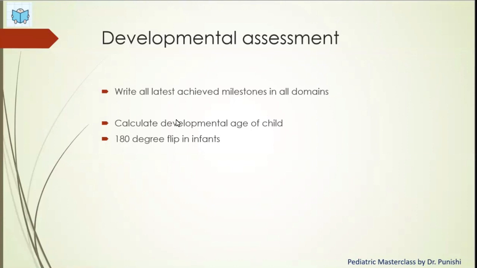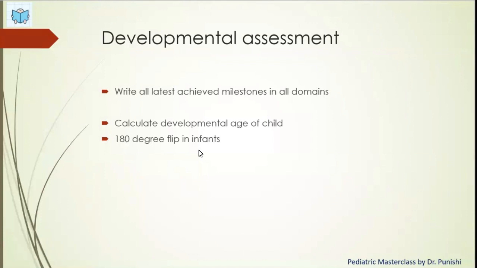So what important assessment you will do in a case where you're looking for development is your 180-degree flip in infants. What I mean by 180-degree flip is first to examine the patient in supine. You try and lift the patient from the hands to make him go from supine to sitting position. Then you hold the child vertical to see if there's slippage of the body when you're holding, like in a case of hypotonia, or there's scissoring of the lower limbs, like in a case of hypertonia.